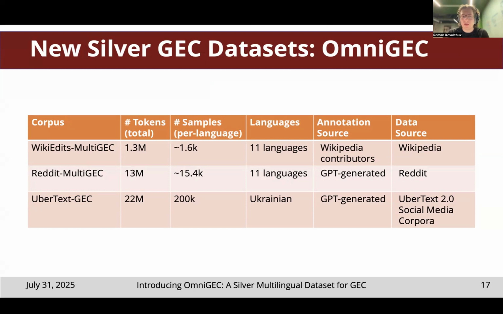For example, Wiki-Edits multi-GEC was annotated by Wikipedia contributors, and Reddit multi-GEC and UberText GEC were GPT annotated. Wiki-Edits multi-GEC and Reddit multi-GEC come in 11 languages, and UberText GEC supports only Ukrainian. However, it is higher in size than the other two datasets.